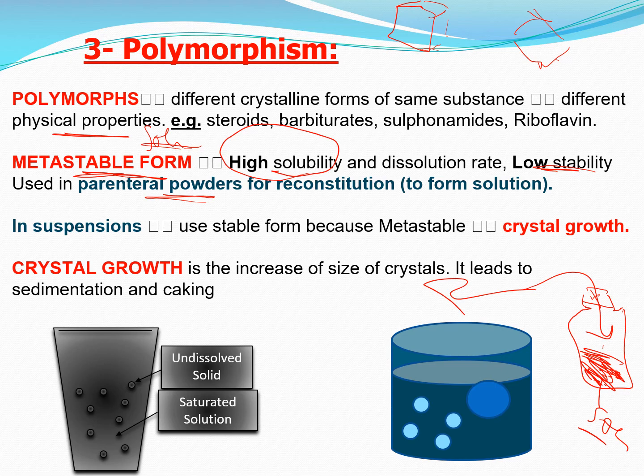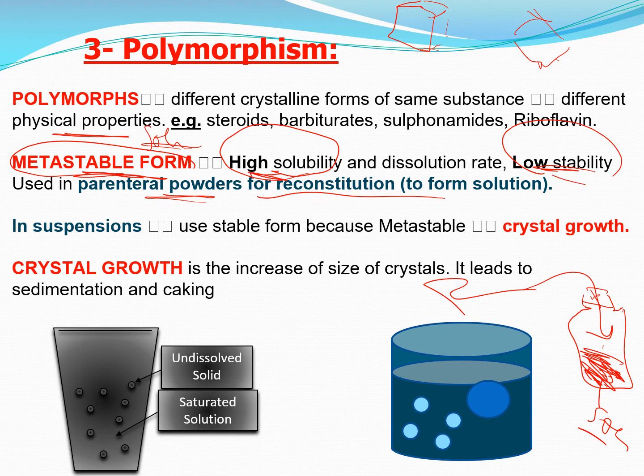In this case, it's very important to have high solubility. So when you add water to the powder, it will dissolve very rapidly. At the same time, stability is not important because you are adding water just before injection. It will not stay as a solution for more than 2, 3, or 5 minutes. So that's why the metastable form is important to be used in the powder for reconstitution to make a solution, because of its high solubility.